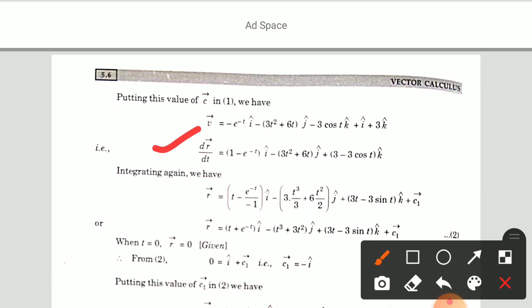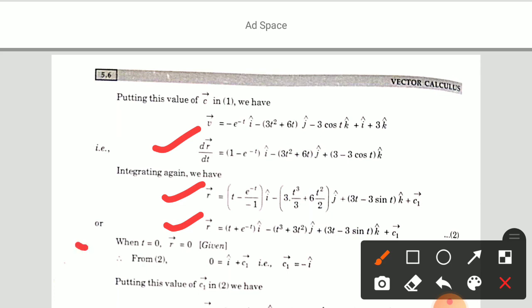Now integrating again, we have the value of r is equal to (t minus e^-t by minus 1) i minus (3 into t cube by 3 plus 6 into t square by 2) j plus (3t minus 3 sin t) k plus c1, or r is equal to (t plus e^-t) i minus (t cube plus 3t square) j plus (3t minus 3 sin t) k plus c1, marking this as number 2.